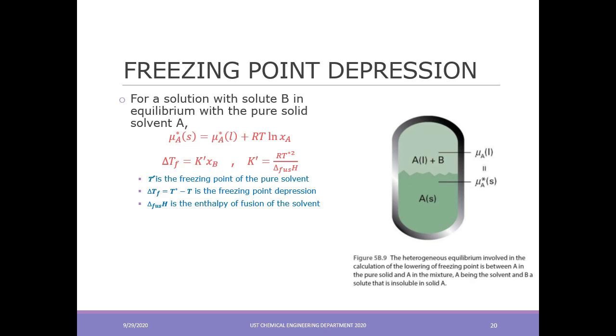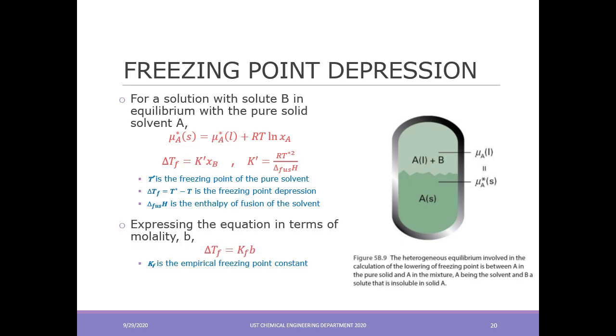Note that T star is the freezing point of the pure solvent and delta TF is equal to T star minus T. Expressing in terms of molality, we use the equation delta TF equal to Kf times B, where Kf is the molal freezing point constant.